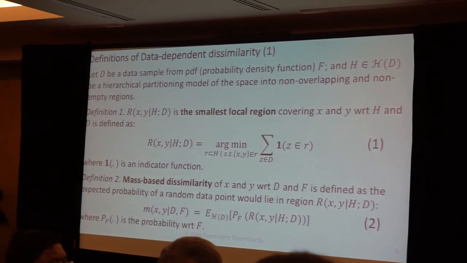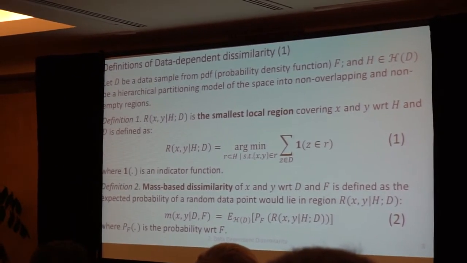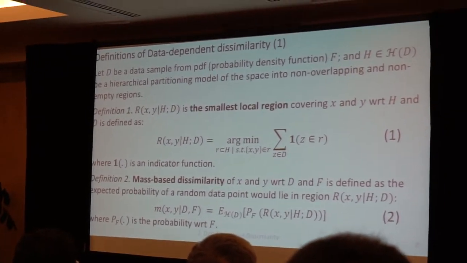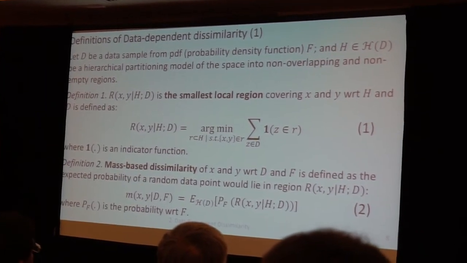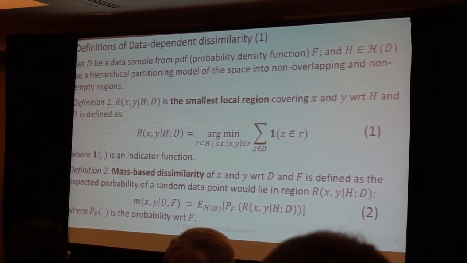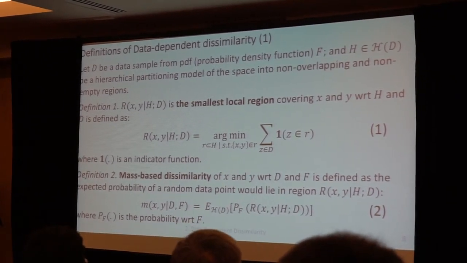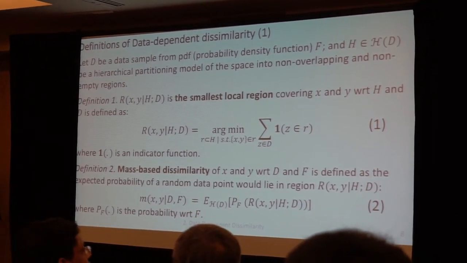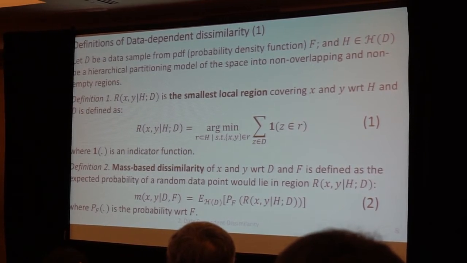So, coming to the definition. Let's say you've got D, which is the data sample. You sample from the PDF F, and then you get some kind of model H, which is a hierarchical partitioning model of space into non-overlapping and non-empty regions. Now, what is the smallest local region?